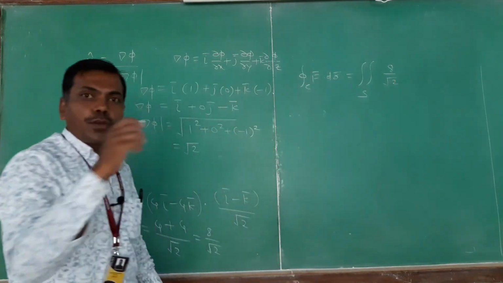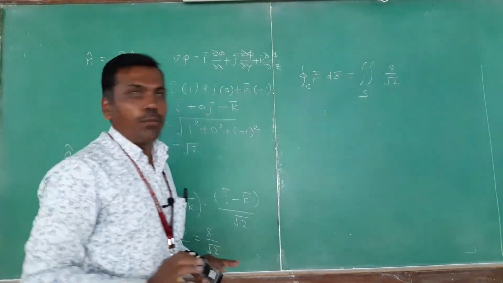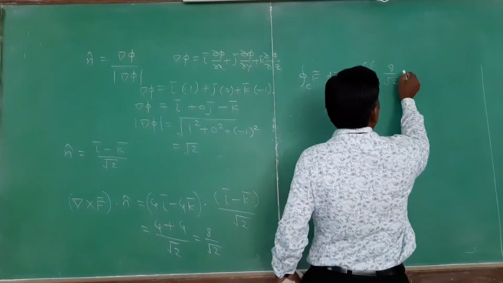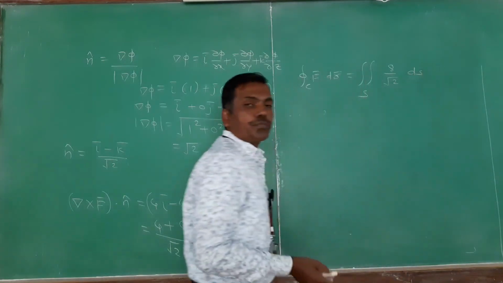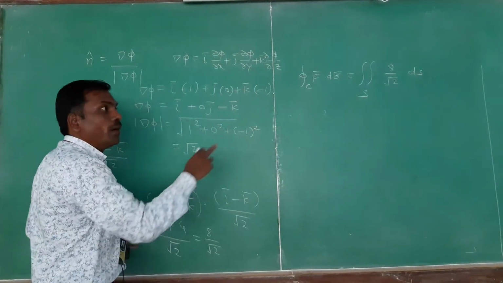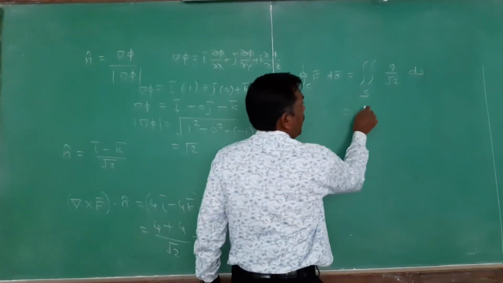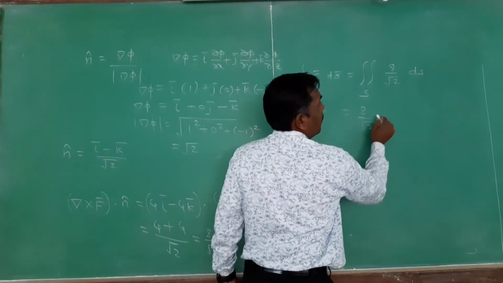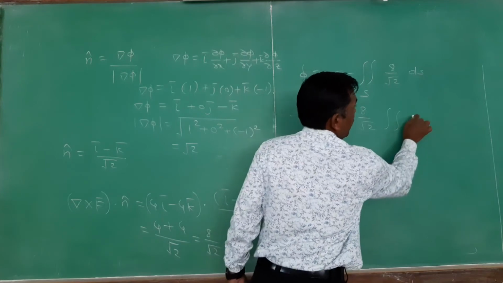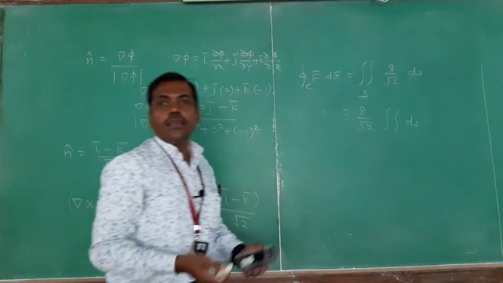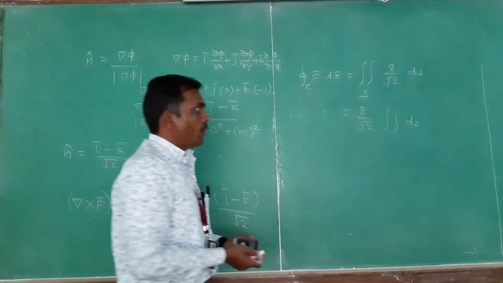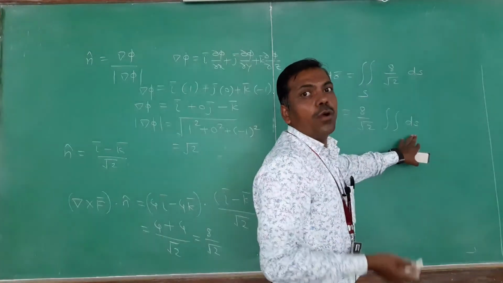Right? And the circle is a two-dimensional structure. So 8 upon root 2 ds is equal to 8 upon root 2, a constant, times double integral ds. Double integral ds is nothing but the area of the circle.